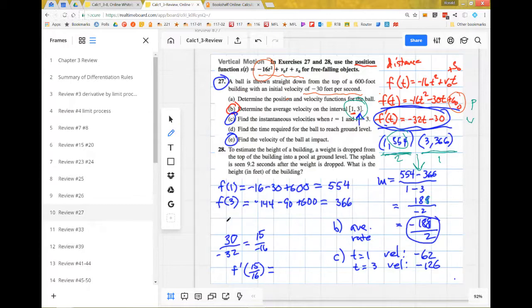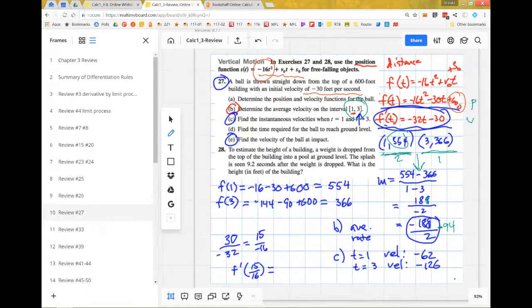And 188 over 2, we can do better than that, is what? 94? That's the average velocity over that interval. And it's negative. Negative over positive is a negative. So it averaged heading downward at 94 feet per second.